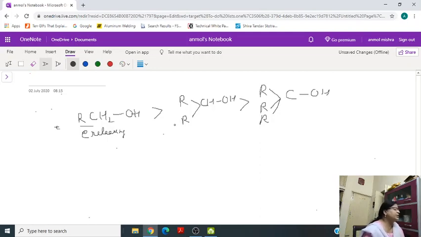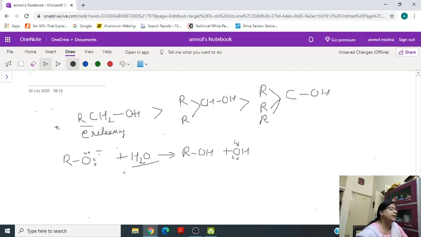Now next, comparison of acidic character of alcohols with water. Alcohols are weaker acids than water. This we can explain on the basis of this reaction. Alkoxide plus water forms alcohol and the nucleophile. So this reaction shows that water is a better proton donor.